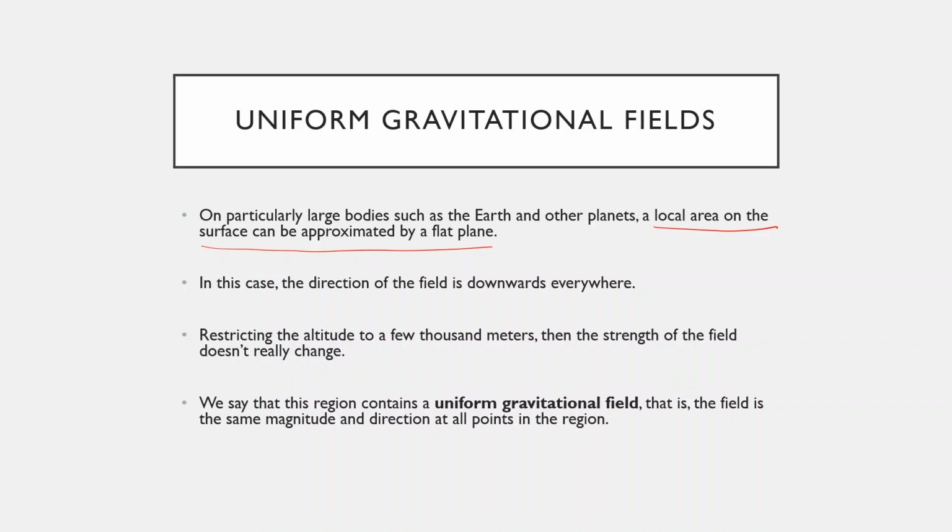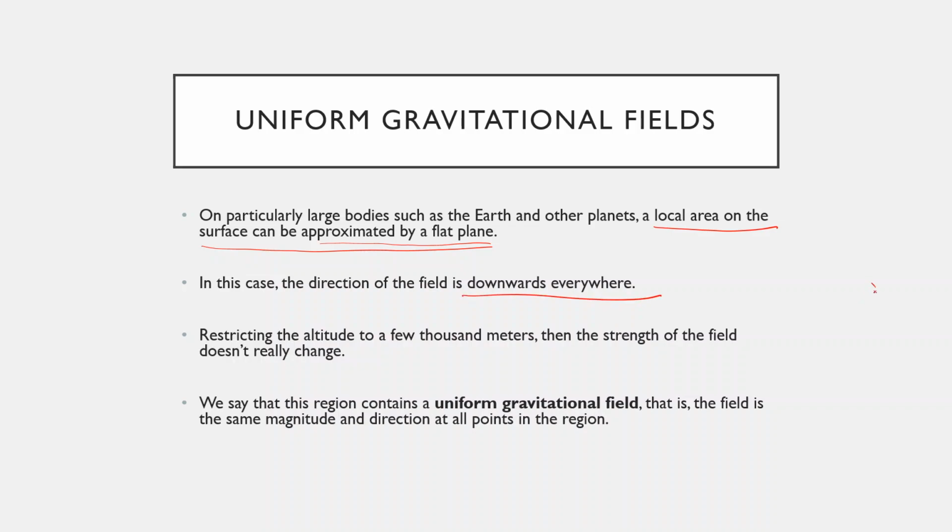What that tells you is that the force is pointing in parallel directions. So we're localizing our focus on a small patch of the surface of a very large object, which can be approximated by a flat plane. As we just said, you drop an object, both objects fall down in the same direction. So we say that the gravitational field is just downwards everywhere.